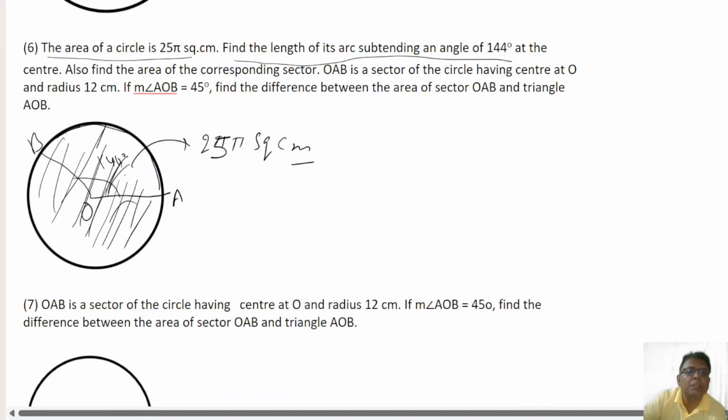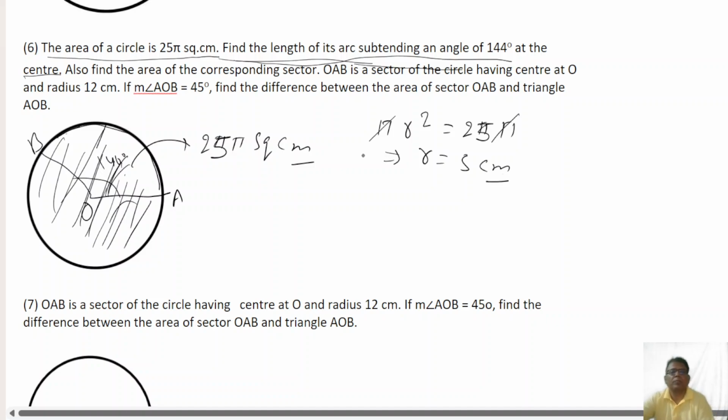So here, first things first. The area of the circle is pi r square, which is 25 pi. So pi gets cancelled. Then r is equal to 5 centimeters. Find the arc length: L is equal to r into theta in radians. So r is 5, theta in degrees is 144.